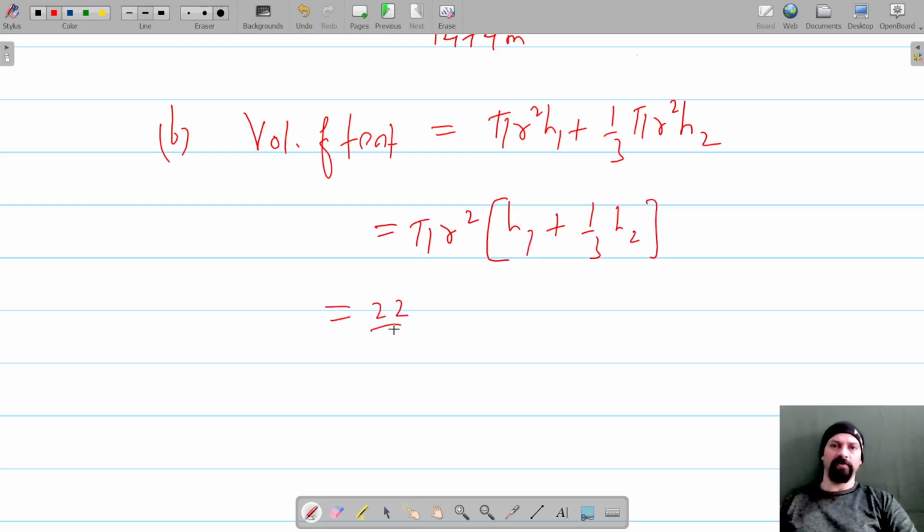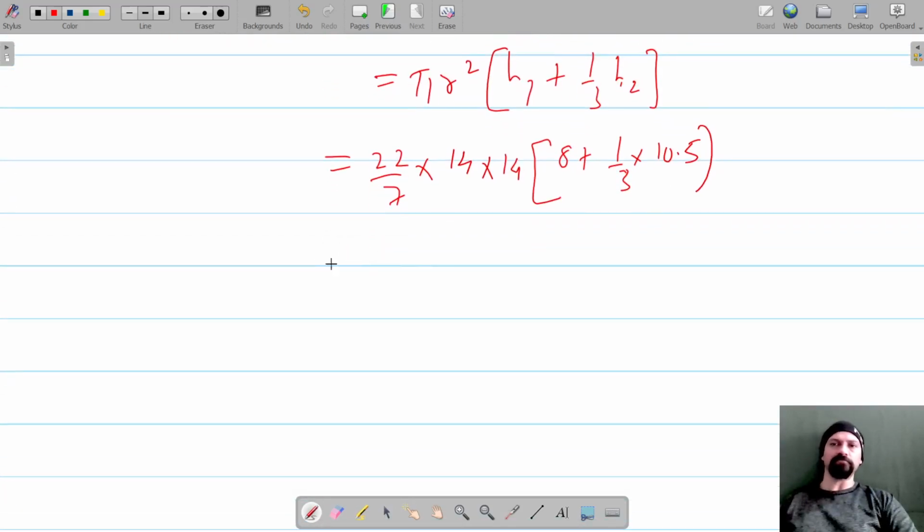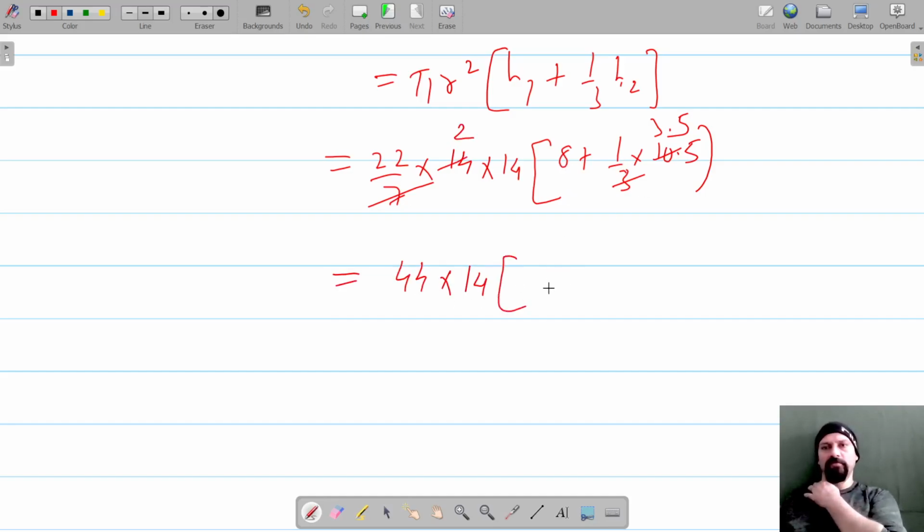And let's replace the value. This is 22 by 7, 14 into 14, and height of the cylinder is 8 plus 1 by 3 into height of the cone, 10.5. So this is now 3.5, and this is 44 into 14, and 8 plus 3.5 is 11.5.